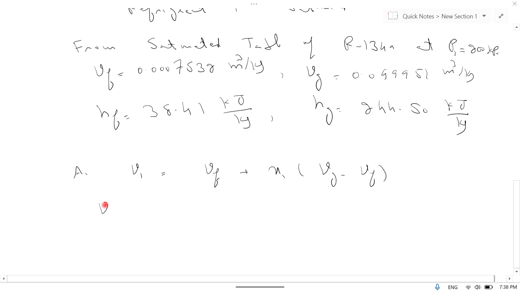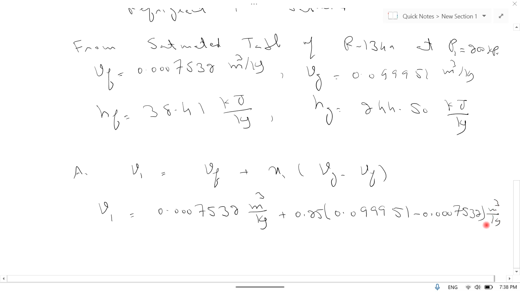So v1 is equal to vf, which is 0.0007532 meter cube per kg, plus x1, which is 0.25, times vg, 0.099951, minus vf, 0.0007532 meter cube per kg.